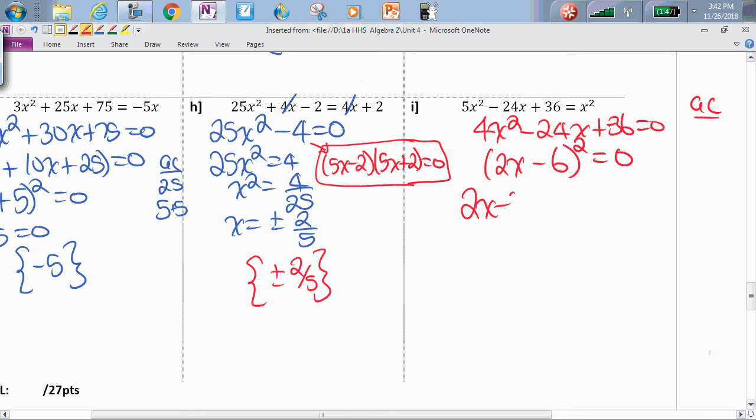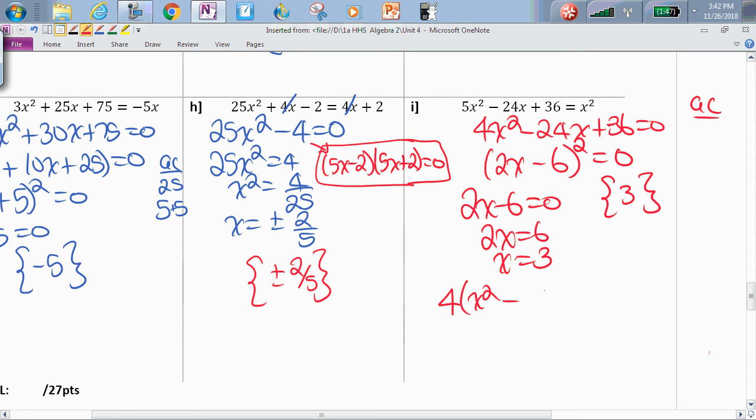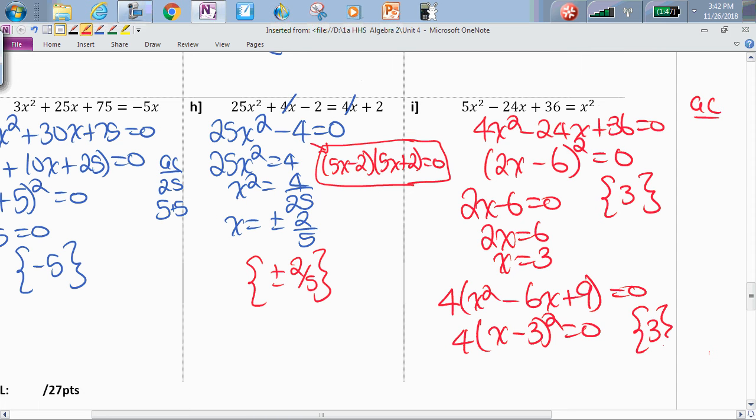So that means we just do 2x minus 6 equals 0, 2x equals 6, divide both sides, and we get 3. One solution. I could also have taken out 4 and been left with x squared minus 6x plus 9, and that would have given me also 4 times the quantity x minus 3 squared equals 0, and then from there I would have gotten 3 as well. So either of these work.